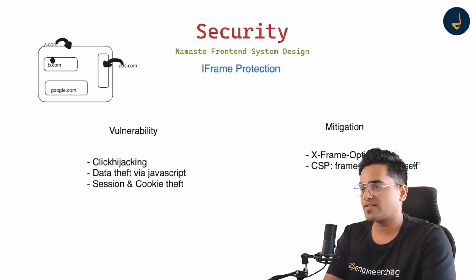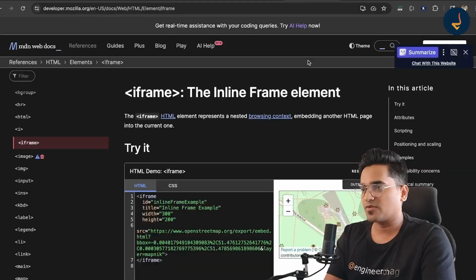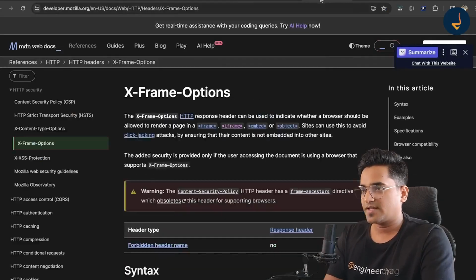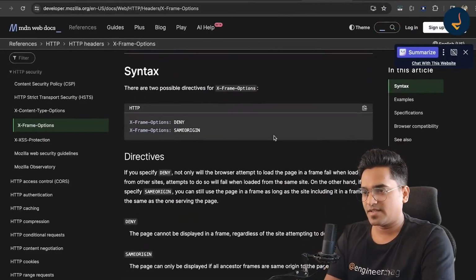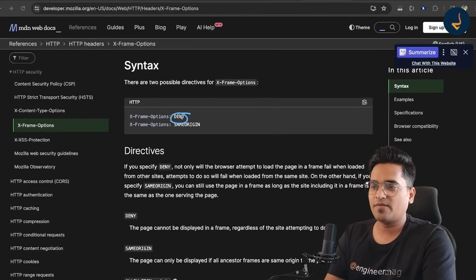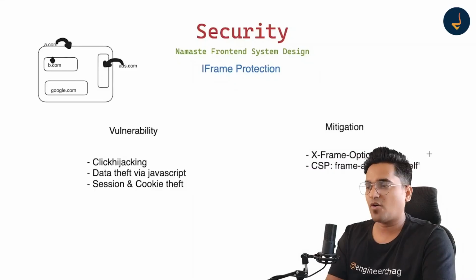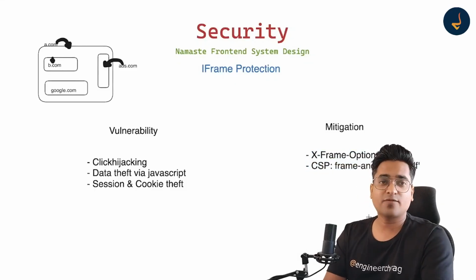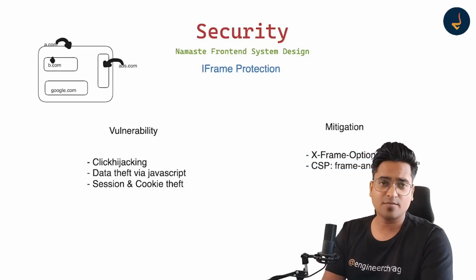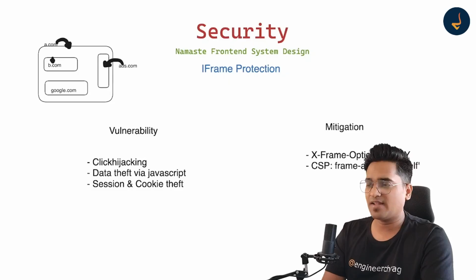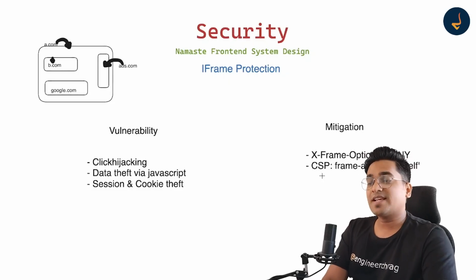So you have X-Frame-Options. Let's quickly see what options we have. With X-Frame-Options, you have deny or same origin. You can decide you don't want to get framed, or you want to allow the same origin. If you are accessing from the same domain, you can. If you are accessing from a different domain, you cannot provide the iframe. So those kinds of checks can be done.